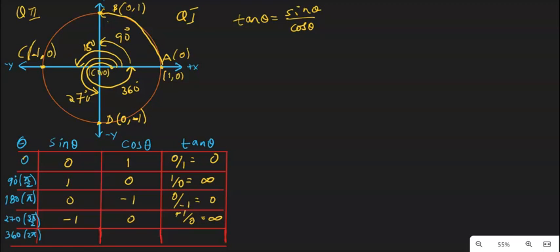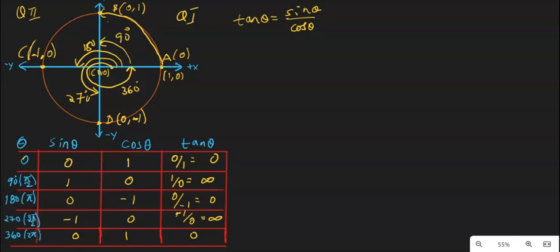At 360 degrees, or back at point A, the cosine of 360 is 1 and the sine of 360 is 0, so the tangent will still be 0.